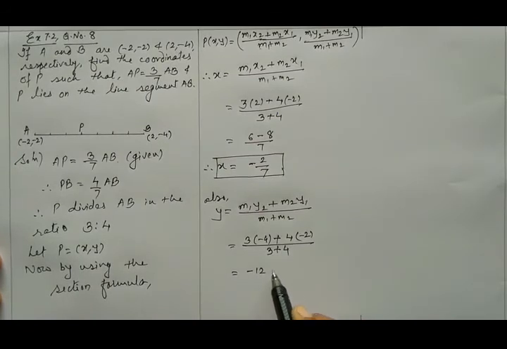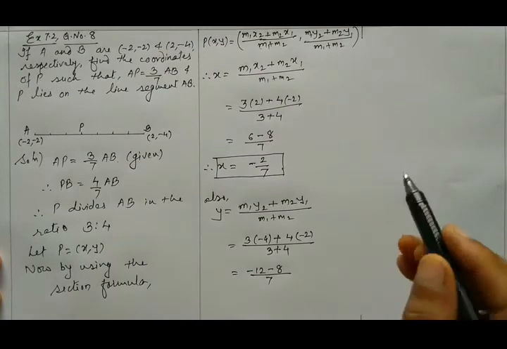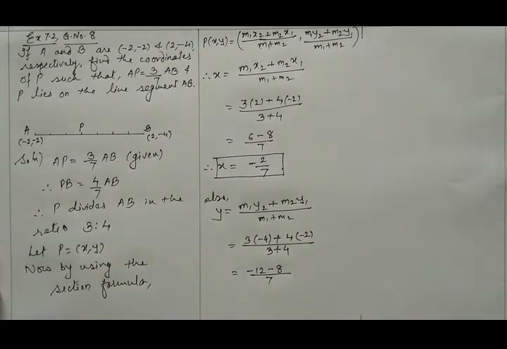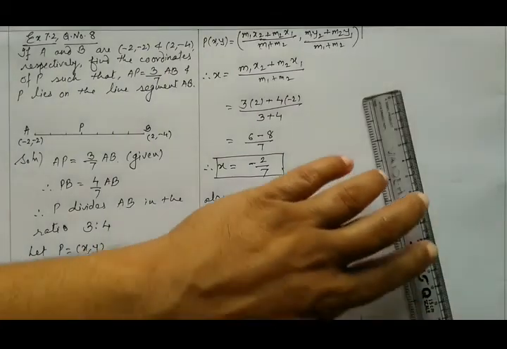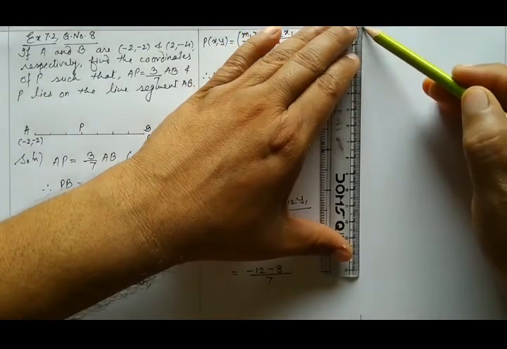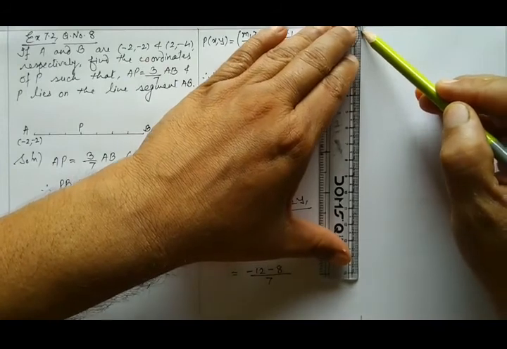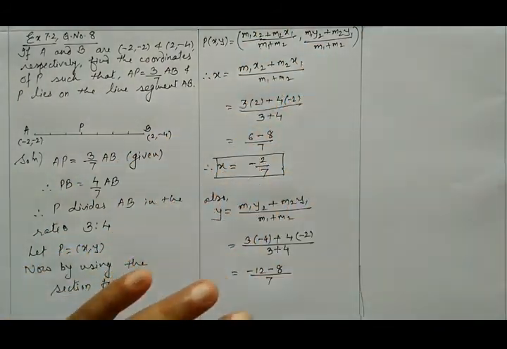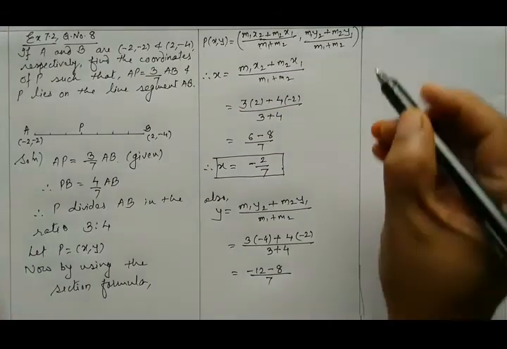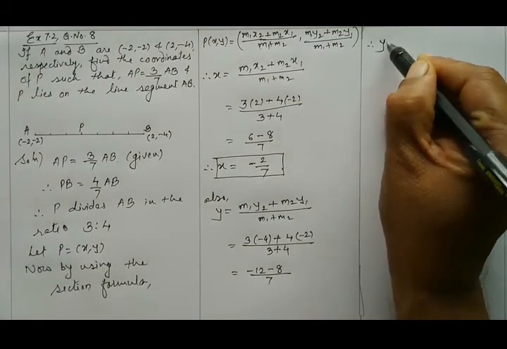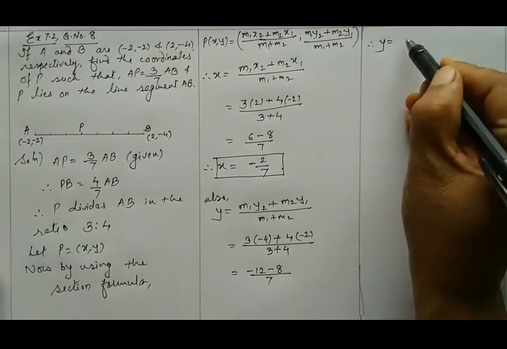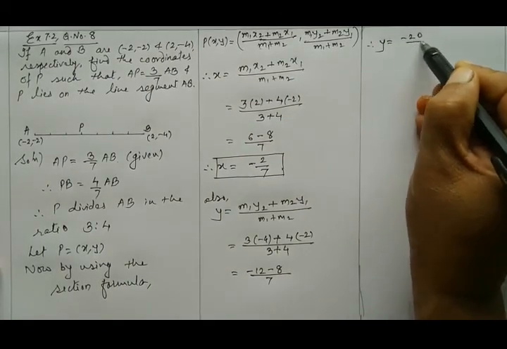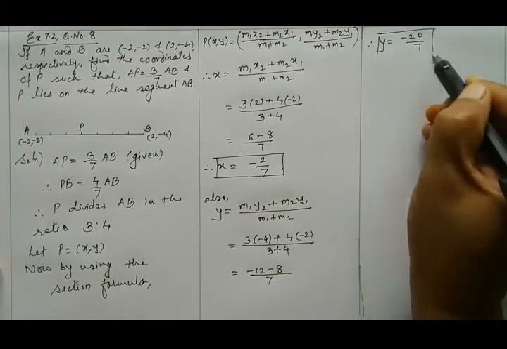So minus 12 minus 8 upon 7. Therefore y is equal to minus 20 by 7.